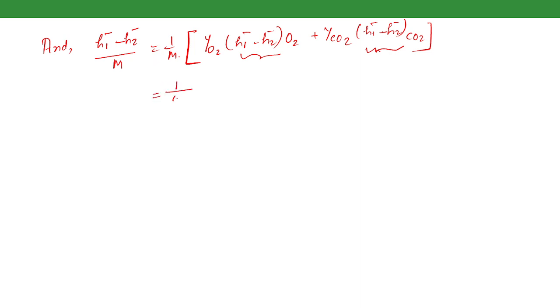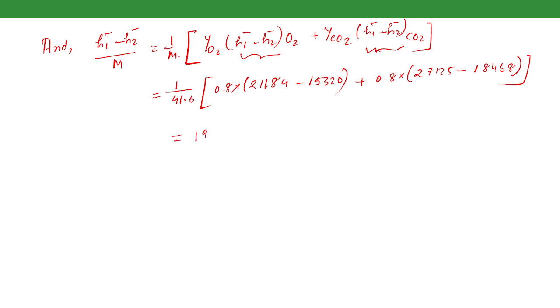So this is 1 by 41.6, this is 0.8 multiplied by 211.21184 minus 15320 plus 0.8 into 27125 minus 18468. Okay, so this value comes out to be 194.7 kilojoule per kg.